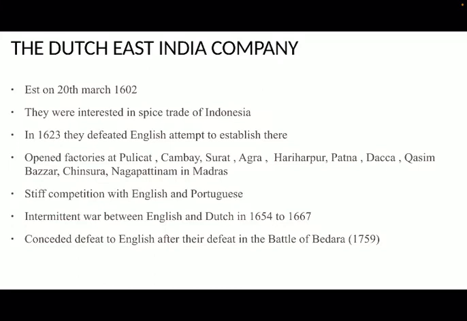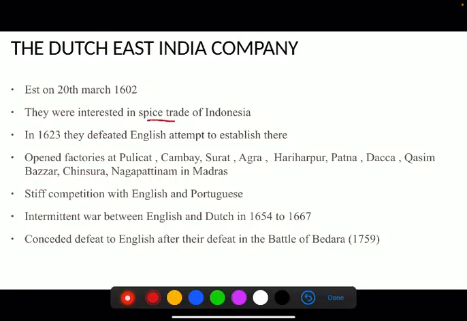They started finding an alternate route for doing trade, and as the Cape of Good Hope was already discovered by Portuguese, in 1602 they started coming to the East Indies. Okay, and their main interest was the spice trade of Indonesia. They were not interested in India, but to establish their hold in Indonesia, they defeated the English also.